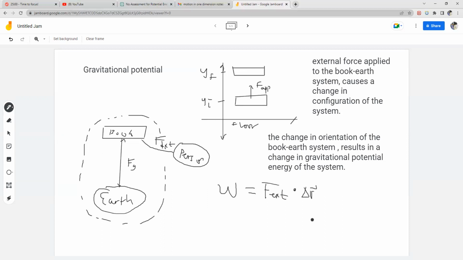We dot product it with the displacement, where the displacement delta r is y final minus y initial.